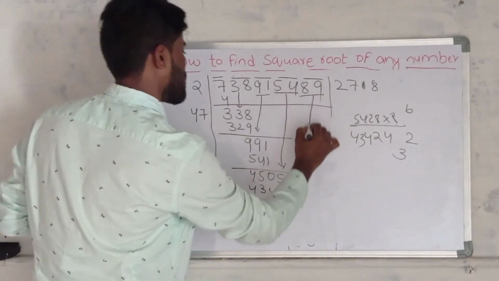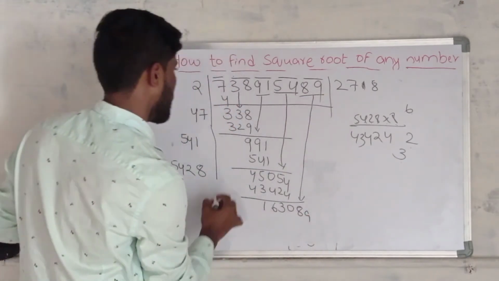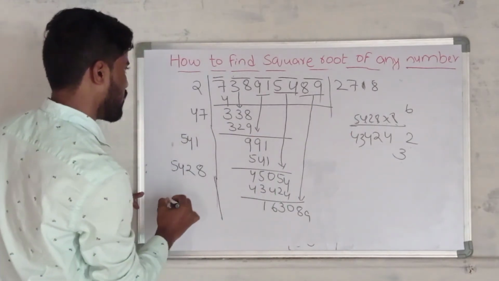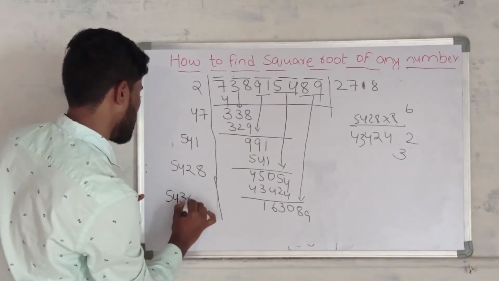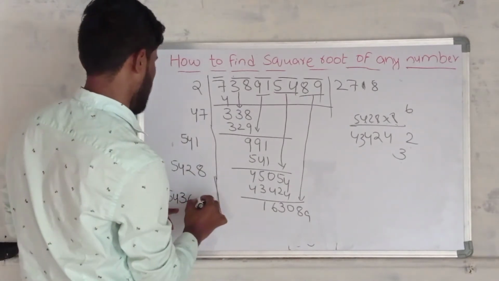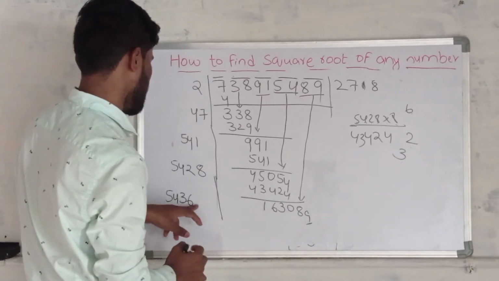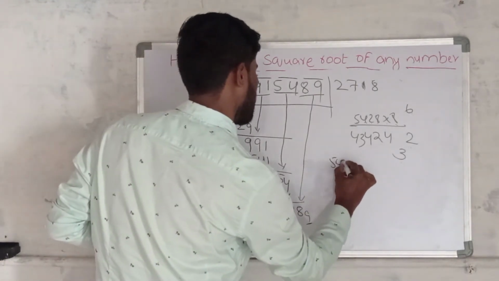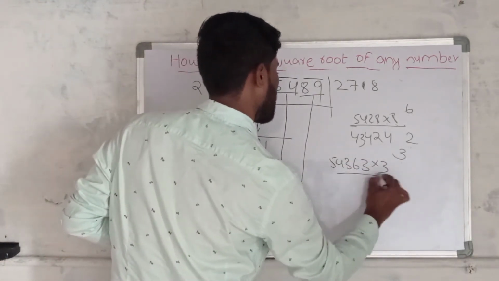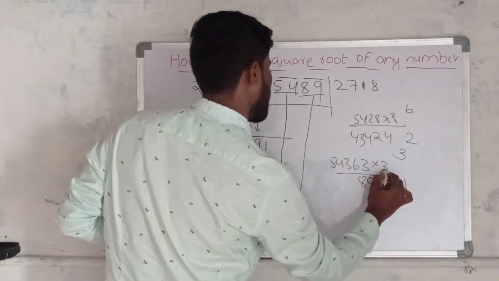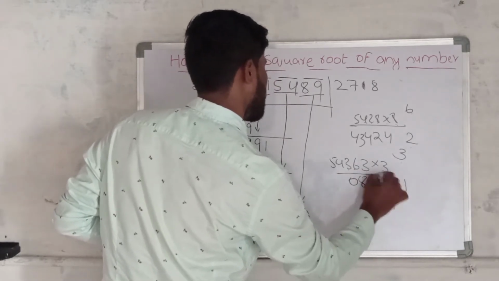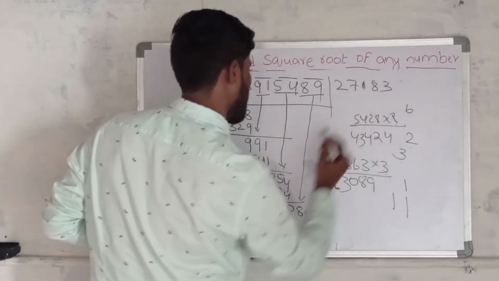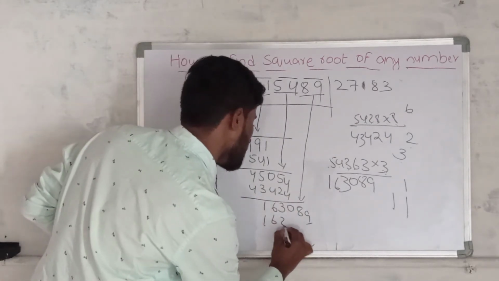Next we bring down the last group, 89. Here 2718 into 2 is 5436. The last digit is 9, which means 3. 5436 into 3 gives 163089.